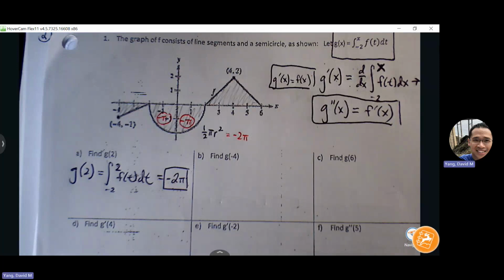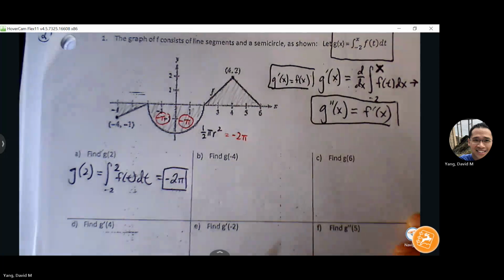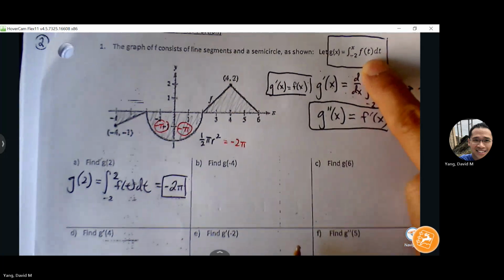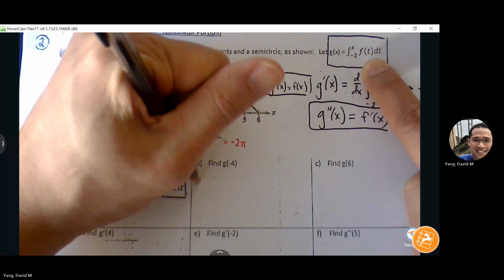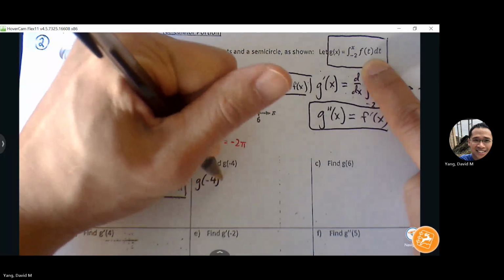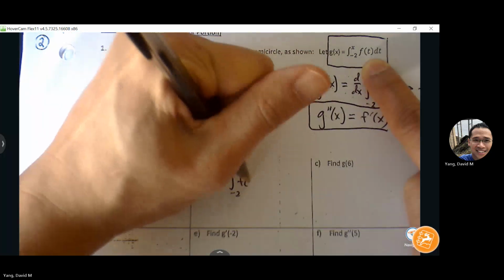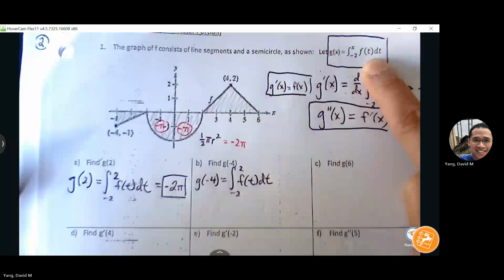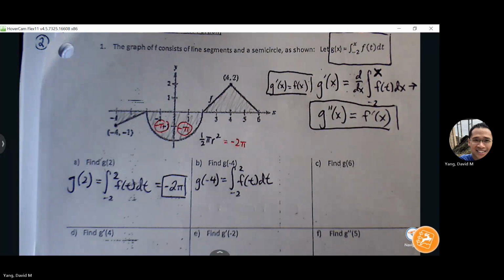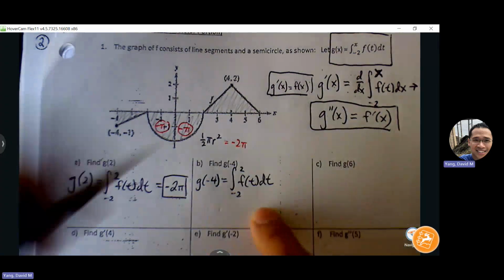Okay, G of -4. Use the definition here. Sorry, -2 to -4, my bad.